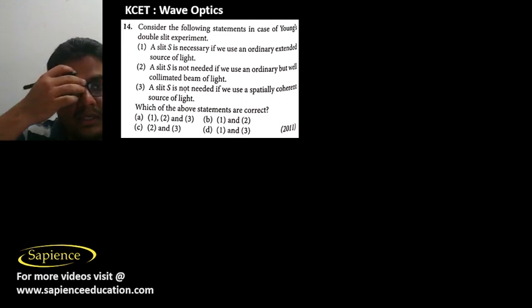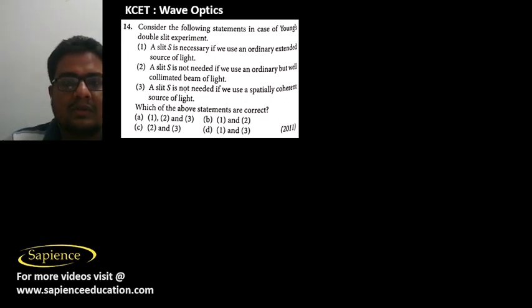Then in question number 19, it is told: consider the following statements in case of Young's double slit experiment.